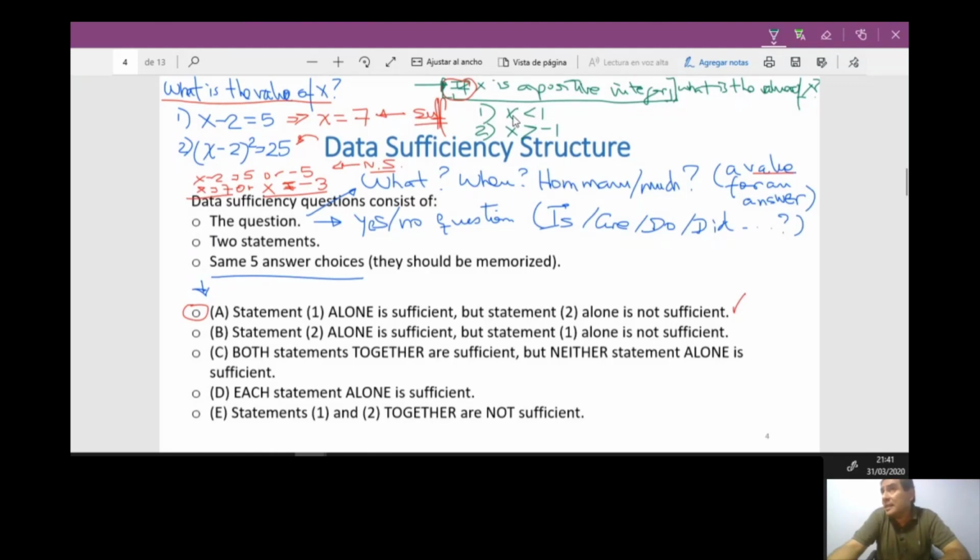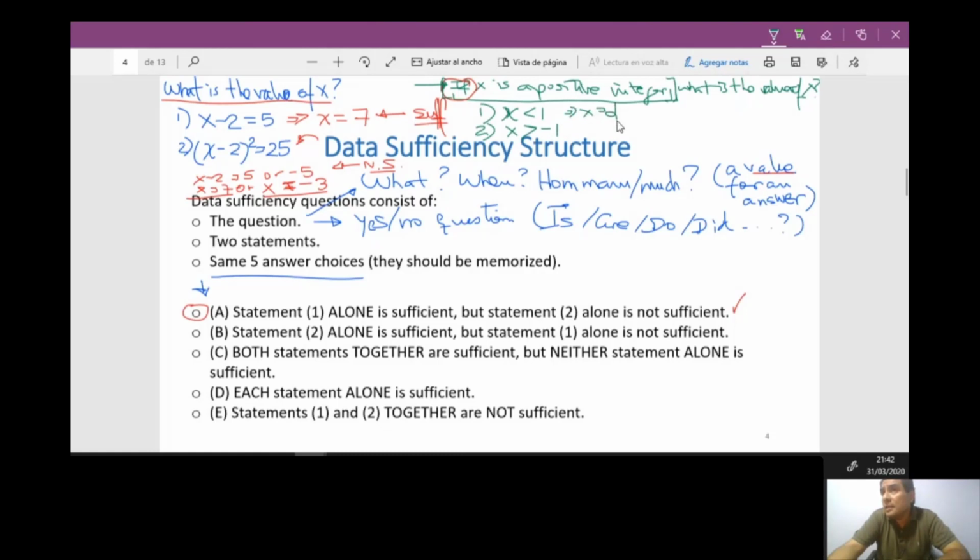So when I read statement number 1, in order to check if this statement is sufficient or not to answer the question in a unique way, I say x is a positive integer less than 1, or actually less than 1, yes. As you know, integers are numbers that don't have decimals, right? So what are possible values of x?